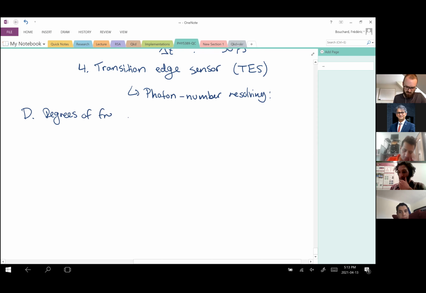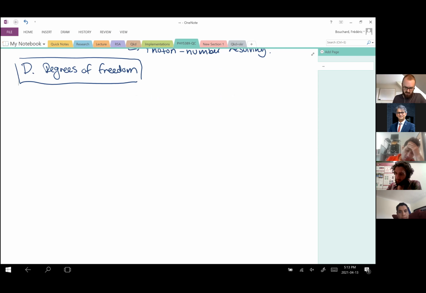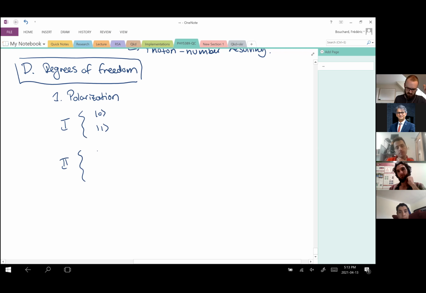We've spoken about single photons, how you measure them, how you detect them. Now the question is how you encode the information. In the original BB84 protocol, they were talking about polarization. Whenever we said there's a first basis with states 0 and 1, and the second basis, states (0 plus 1)/square root of 2 and (0 minus 1)/square root of 2, what we mean is horizontal-vertical polarization.